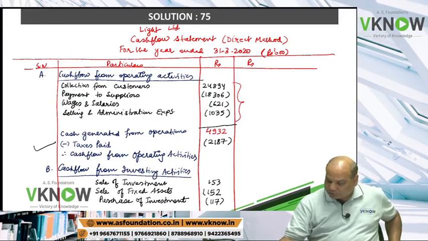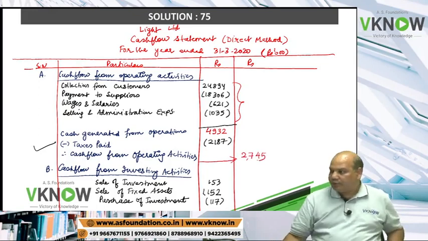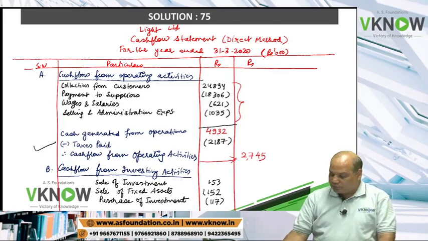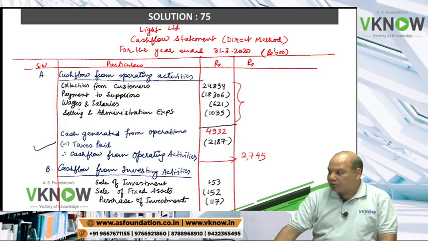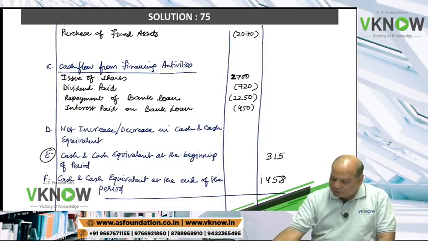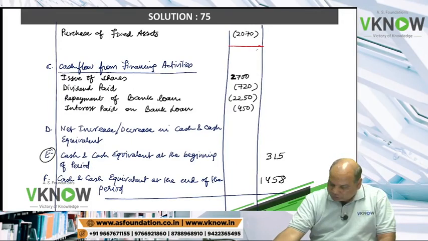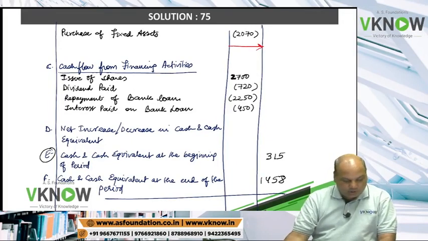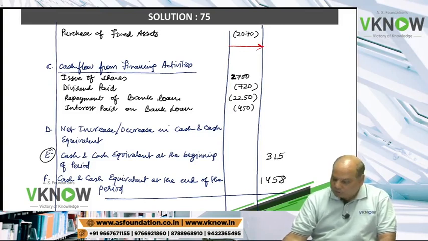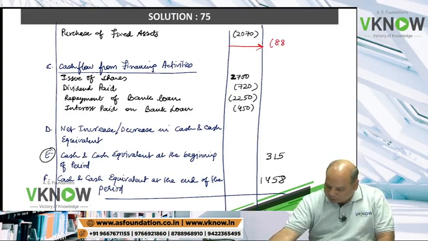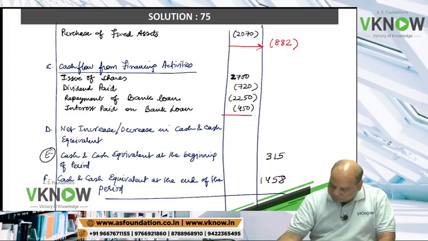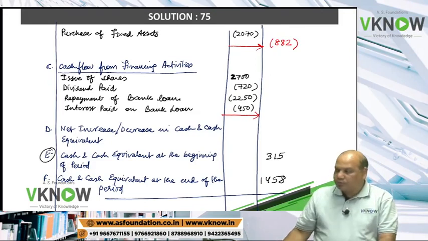4932 minus 2187. So cash flow from operating activity is 2745. 2745 is right. And then from investing activity, take the total: investing activity is negative 882.